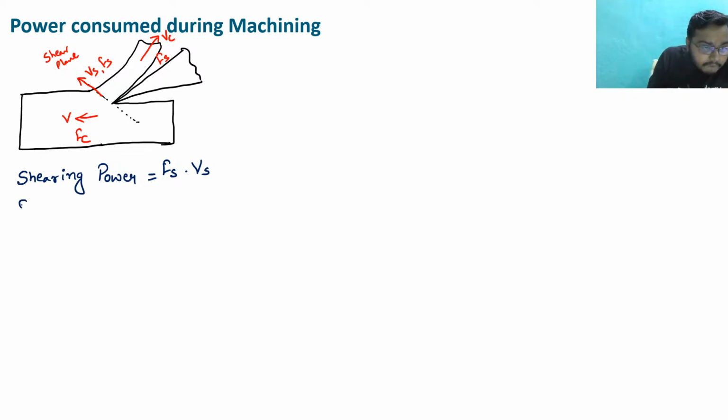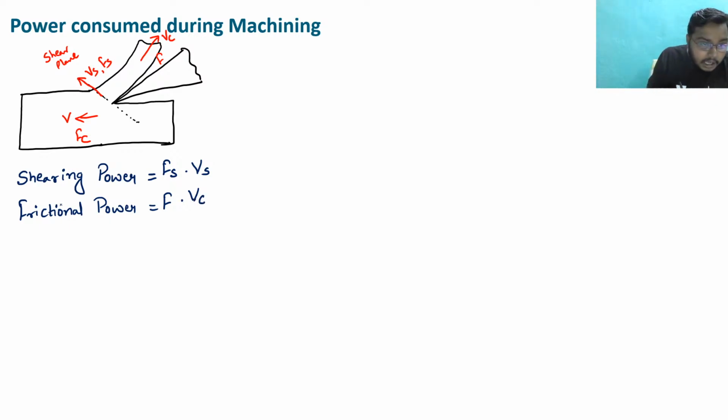Next thing is, what is my frictional power? My frictional power is going to be F, so this is F, right? So frictional power is F into Vc, that is the chip velocity.